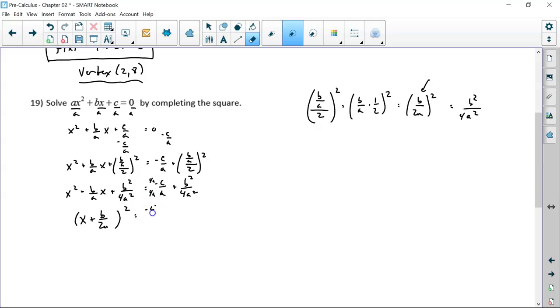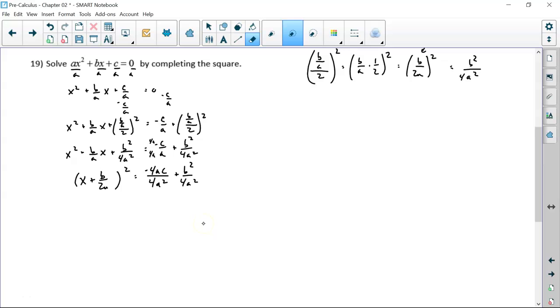So I get a negative 4ac over 4a squared plus b squared over 4a squared. All right. So I get the quantity (x plus b over 2a) squared equals, now when I add these up, I'm going to put the b squared first, b squared minus 4ac, all divided by 4a squared.